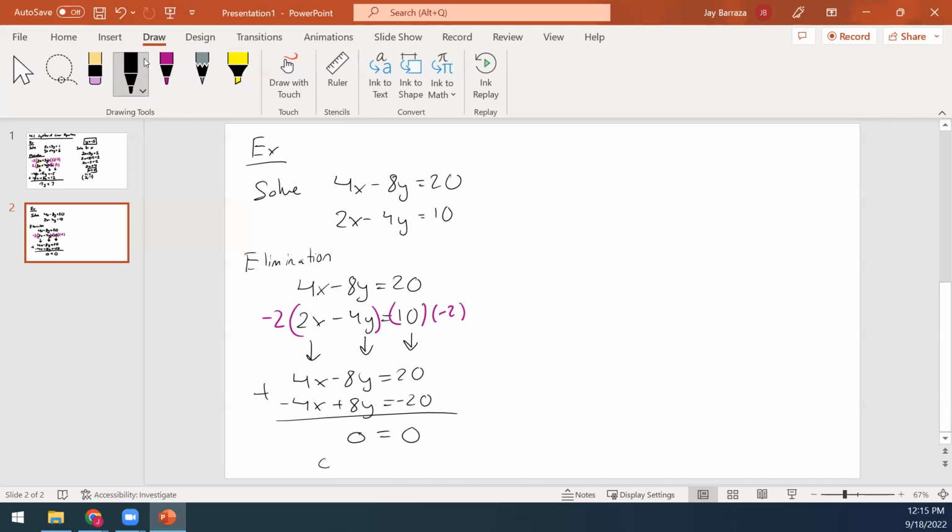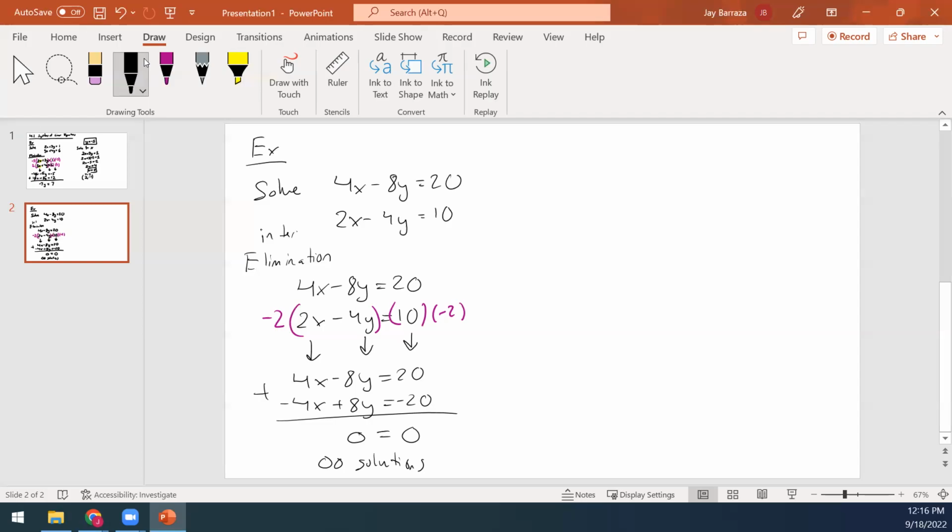This is what we call infinite solutions. If I ask how many solutions there are, you would just say infinitely many. But if I ask what the solution is, then you would have to solve for one of the variables.